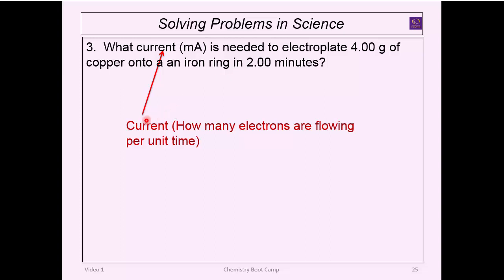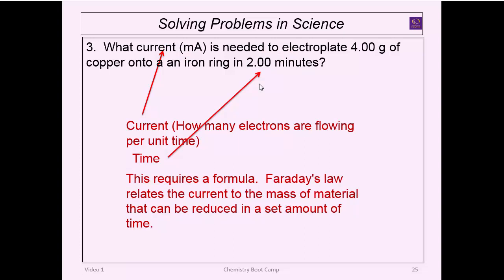And by the way, as you get farther in chemistry and physics, you'll understand that current is how many electrons are flowing per unit time. But for right now, today, the focus is, if you identify they're different dimensions, there needs to be a formula to solve the problem. And just for your information, if you're interested, it's Faraday's law that relates current to the mass of material that can be reduced in a set amount of time.